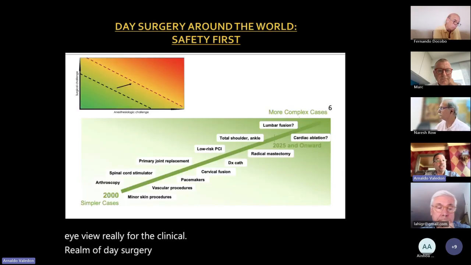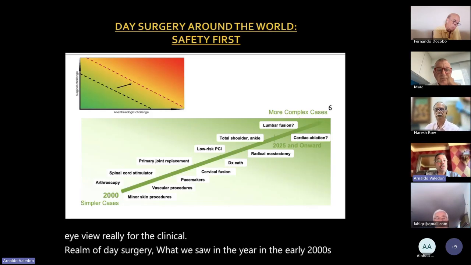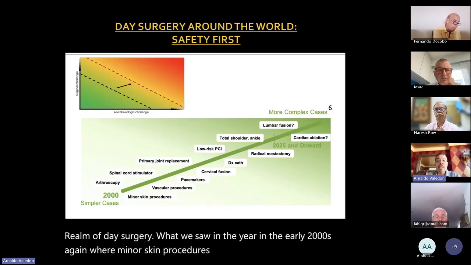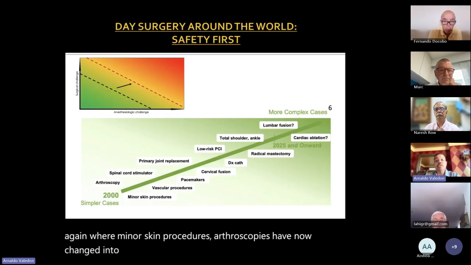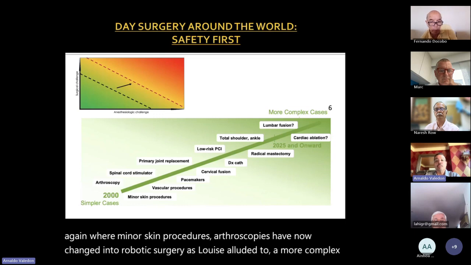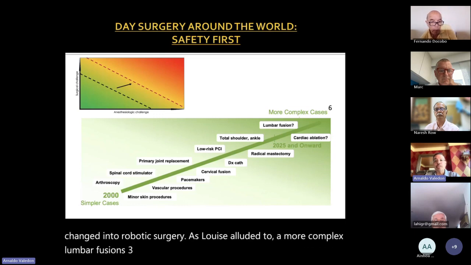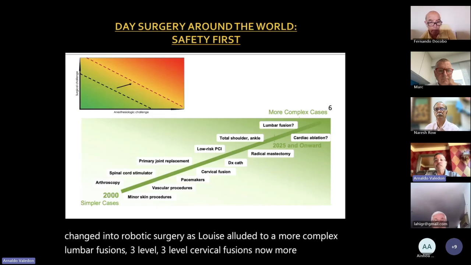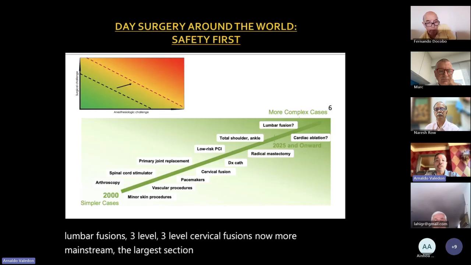What we saw in the early 2000s, again, were minor skin procedures and arthroscopies, which have now changed into robotic surgery. As Luis alluded to, more complex lumbar fusions, for example, three-level cervical fusions, are now more mainstream. The largest section of the market for the United States has been cardiac procedures.